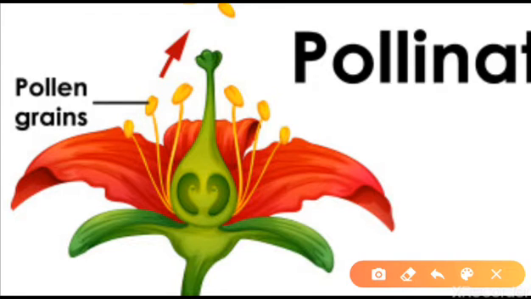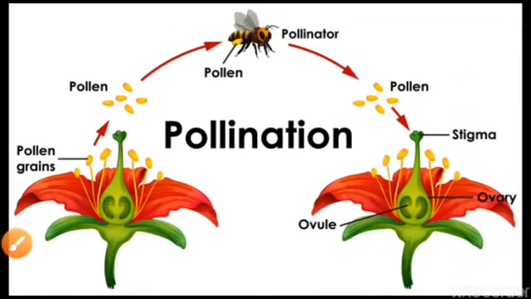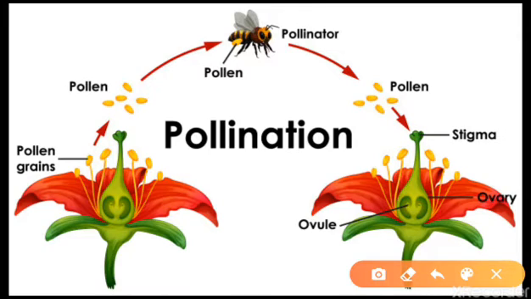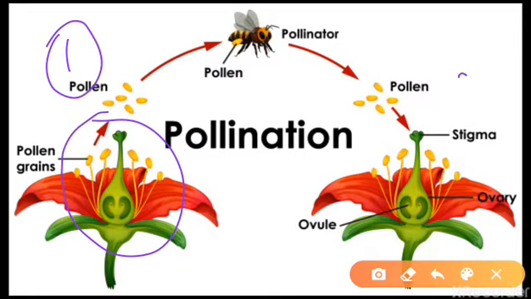For example, this is the anther. Now it has the pollen grains. If the pollen grain is just transferred to the stigma of the same plant, this is known as self pollination. But in the case of cross pollination, we can see here that the transfer of pollen grain is from one flower to the other flower, just like this is the first flower, this is the second flower.